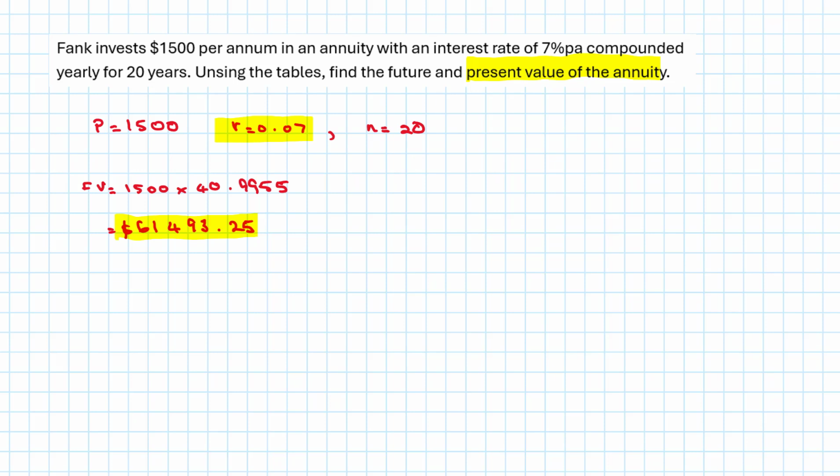So how much do I need to invest as a single investment today so I end up in 20 years with $61,493.25?